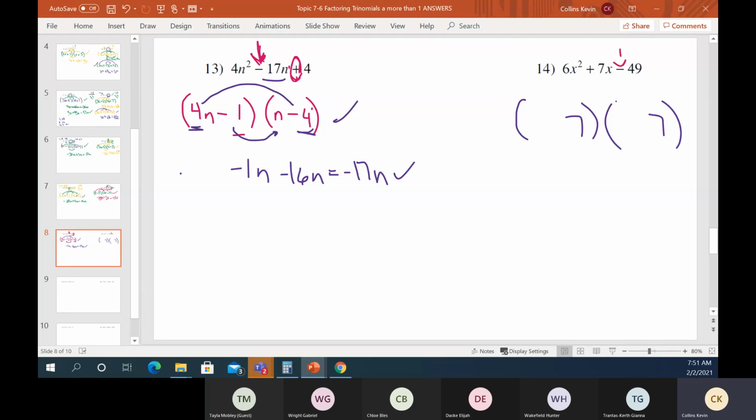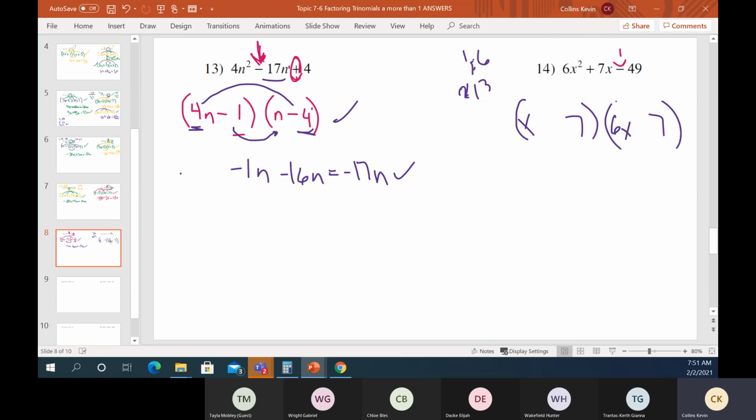All right, so now, do we want to try the 1 and the 6? Or do we want to try the 2 and the 3? Try the 1 and the 6? Okay. So we'll go x here and 6x here.